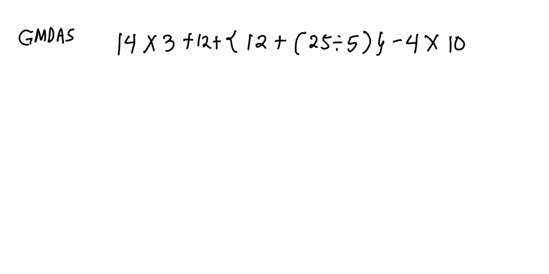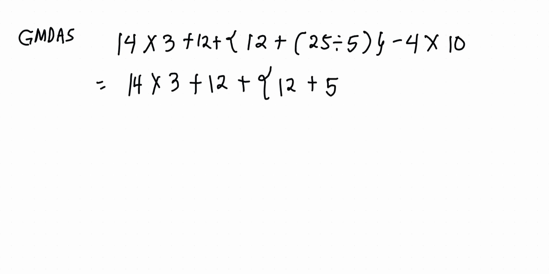Okay, next one. We have groupings here inside, as you can see, but the inner grouping here is 25 divided by 5. So let's just copy 14 times 3 plus 12 plus, copy the brace, 12 plus, what is 25 divided by 5, and that is 5. Okay, and then remove now the parenthesis. There's only the brace.